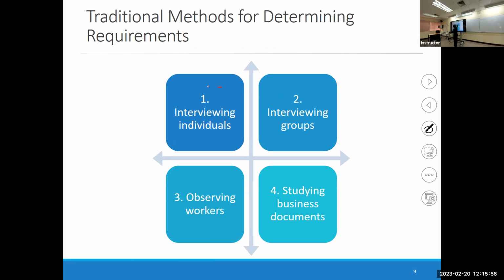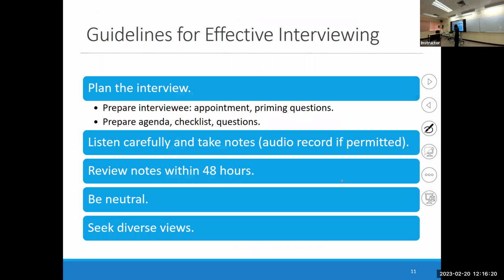In terms of interviews, you can interview individuals, or you can interview groups of people so that they can complement each other. You can observe the work process and study the existing system, existing documents, and so on. So in summary, these are the key things, okay?